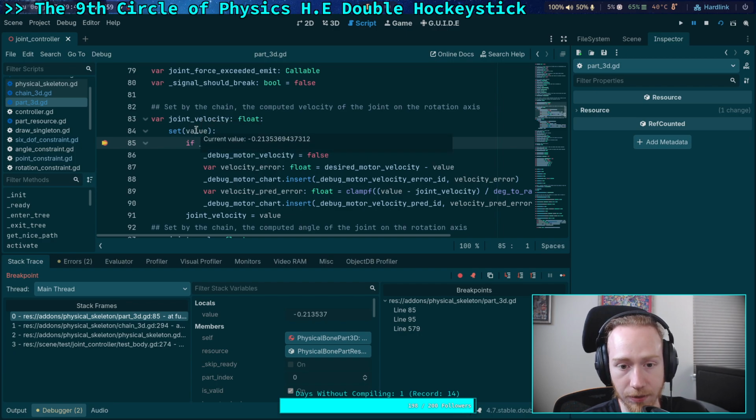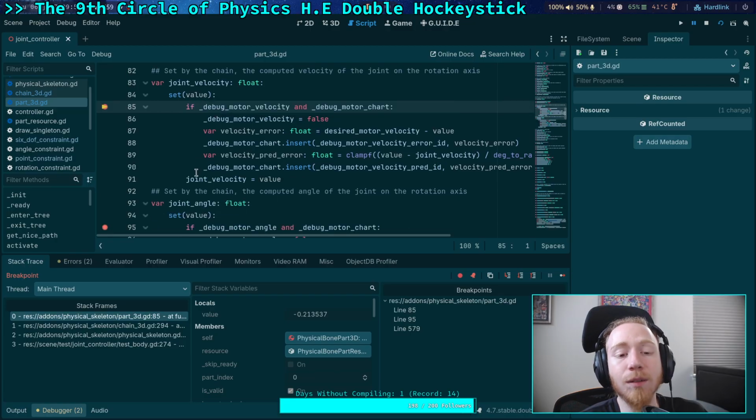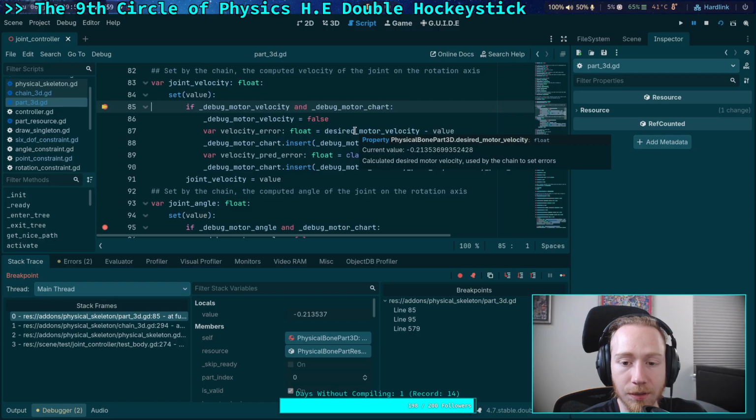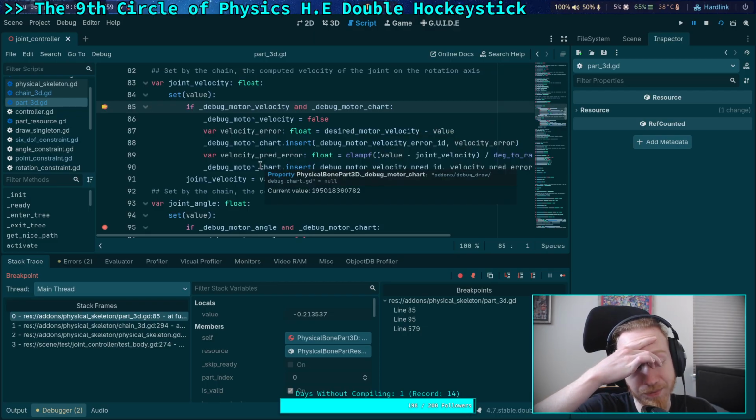I got negative 2, which is just... What? Yeah, I don't get it. That is my desired, but that's not what I calculated it would become.